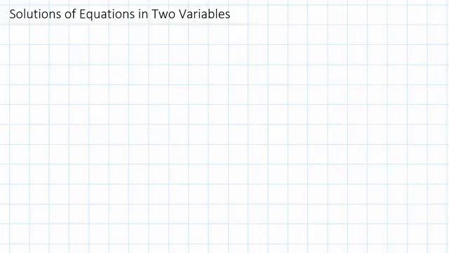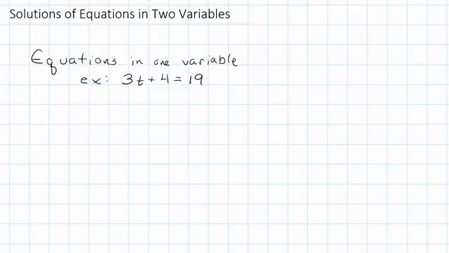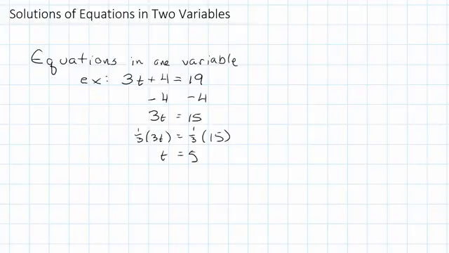Recall that when we looked at equations in one variable, we followed a series of steps to get the variable alone on one side of the equation. And we typically found one unique solution. When we have an equation in two variables, we typically have many solutions.